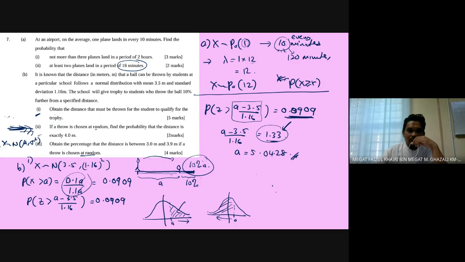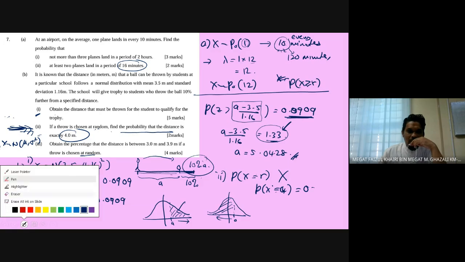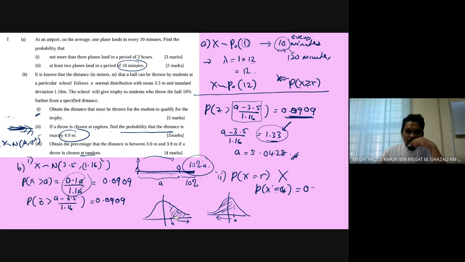But when it comes to finding the probability that the distance is exactly 4 meters, for continuous there is no such thing as probability of X equal to a single value. So for question B2, exactly 4 meters, the probability of X equal to 4 is strictly 0, because there is no space or area. So for B2, the probability of X equal to 4 is 0.